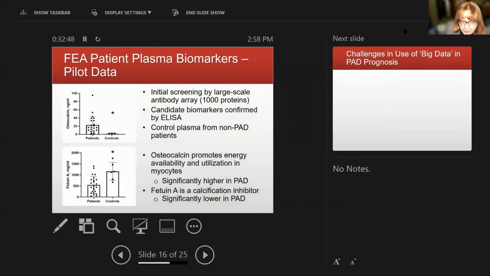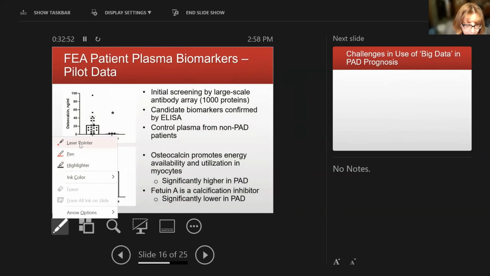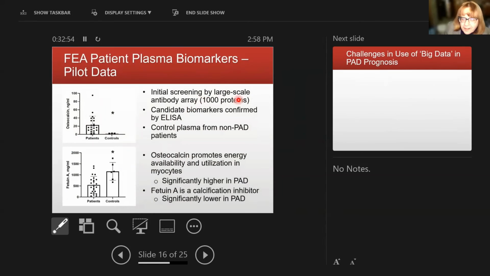Initially we did a screening of patient samples using an unbiased large-scale antibody array of 1,000 proteins. This allowed us to identify some candidate biomarkers by comparing patient plasma to that of non-peripheral arterial disease controls.